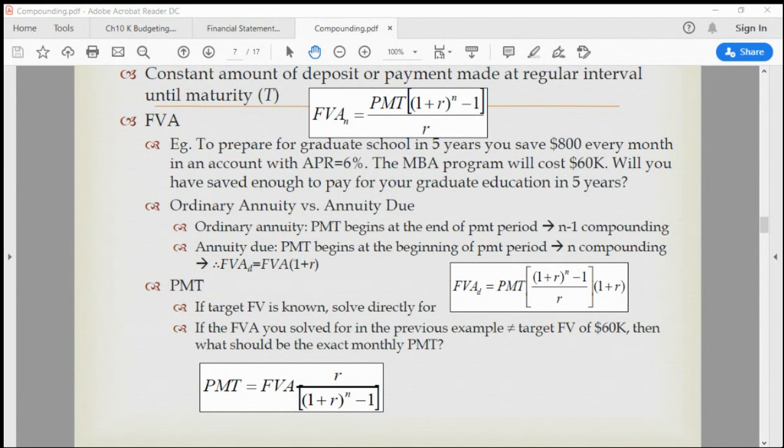Now, in our last class, we completely wrapped up the discussion about the single cash flow model and the possible equations and formulas that can arise from the base single cash flow model, which is called compounding.